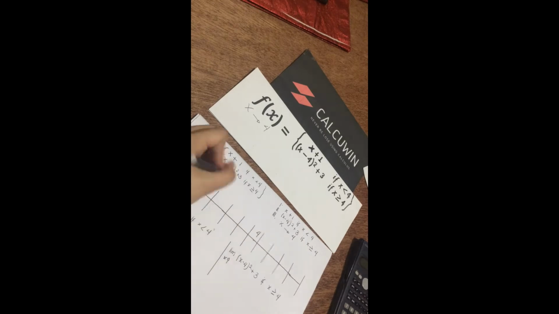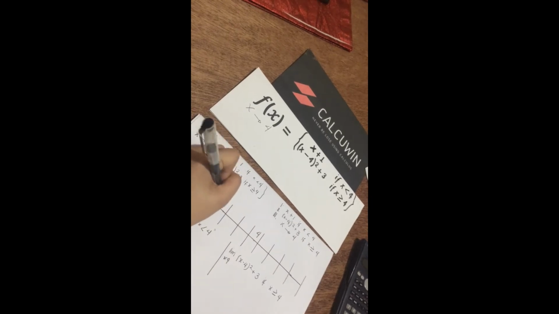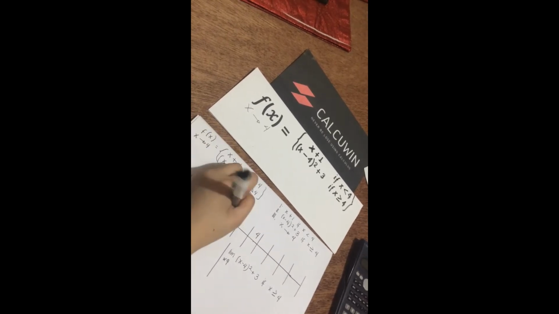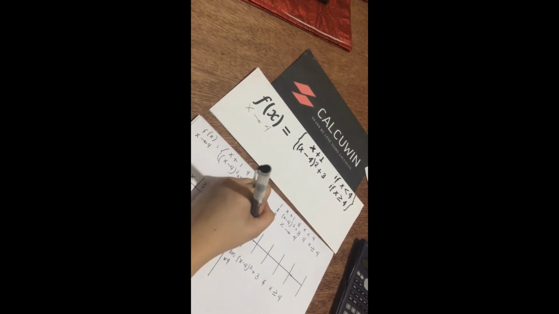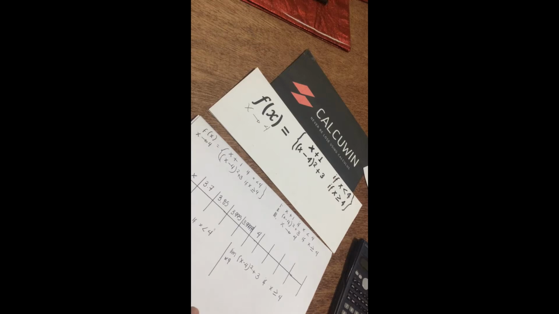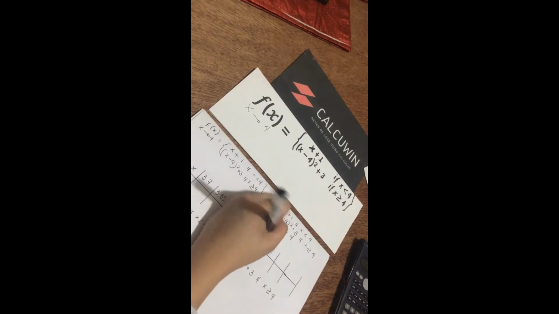So in order to get a number for the left hand side, we will get any number that is less than 4. And as well as for the right hand side, we will get a number that is greater than 4.